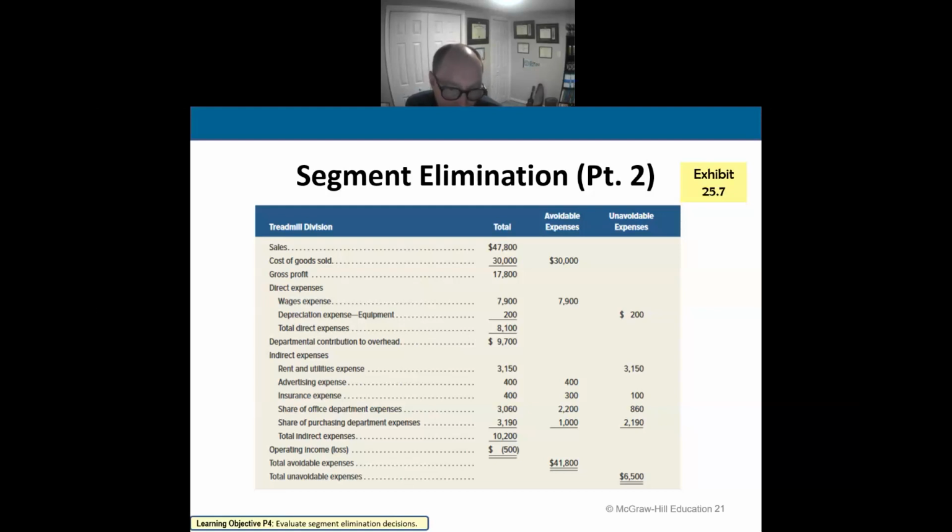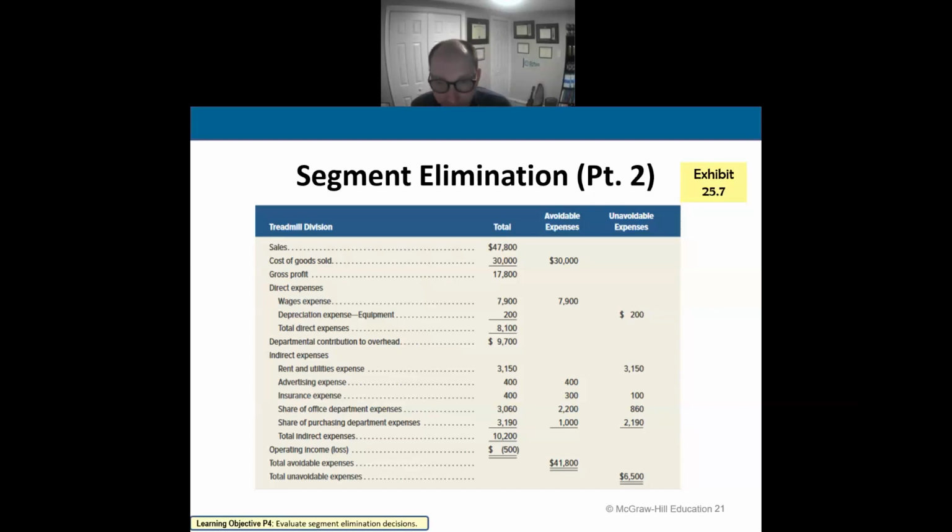Then I had my indirect expenses: rent, utilities, advertising, insurance, shared space, purchasing expenses, giving me a total operating income loss of $500 from my treadmill sales.